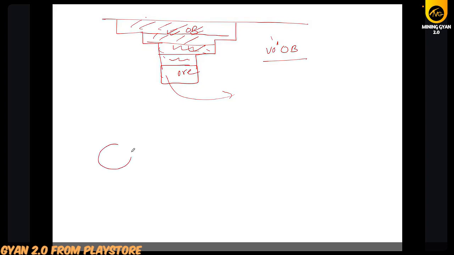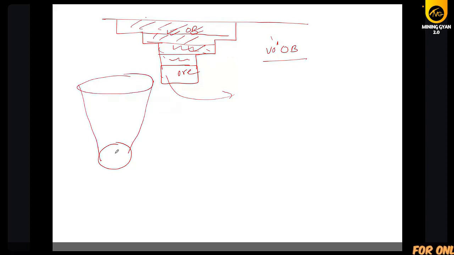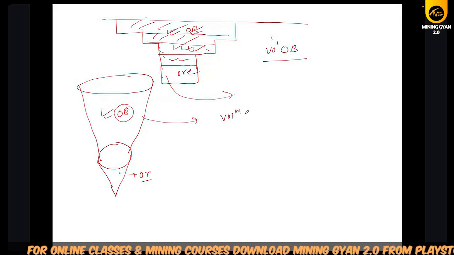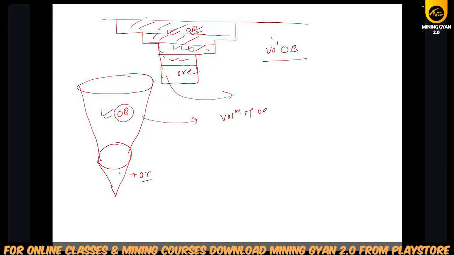If this is our ore block and the extraction will be like this, so this is the OB and this is the ore, then you have to find out the volume of this. So the volume of OB divided by the weight of the ore.